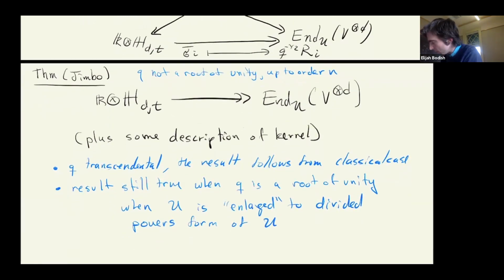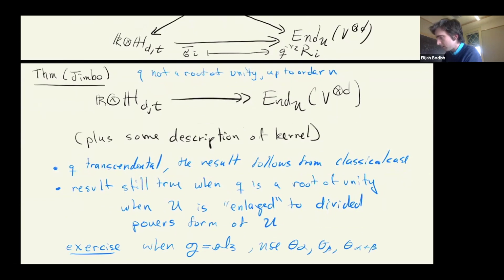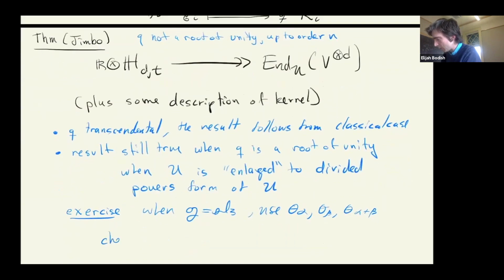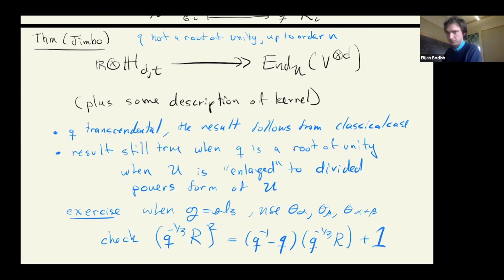So it's almost at the hour, so let me just state this exercise and then we can pause and I'll finish after that. So the exercise is that I did some calculations above when G was SL3. We have theta alpha, theta beta, and theta alpha plus beta. So you can check that (q^{-1/3}R)^2 is (q^{-1} − q) times q^{-1/3}R plus 1.